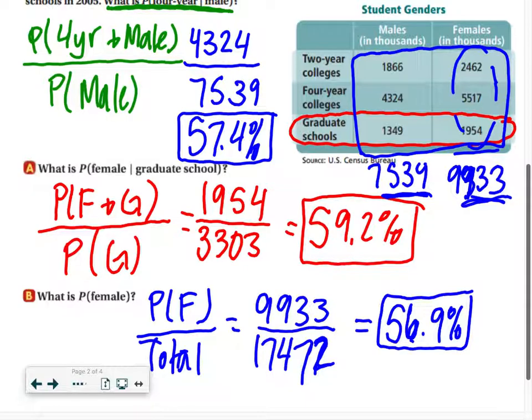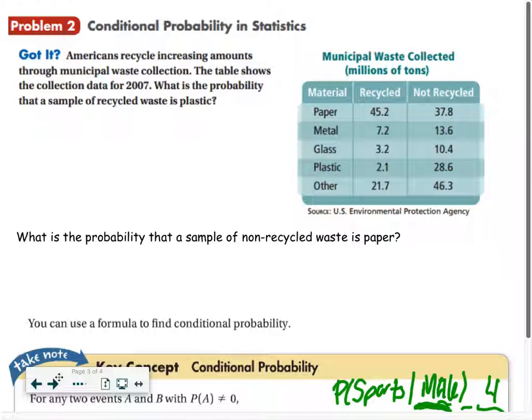Okay, this time we have to figure out what our conditional probability is. Read our paragraph. I want to know what is the probability that a sample of recycled waste is plastic.